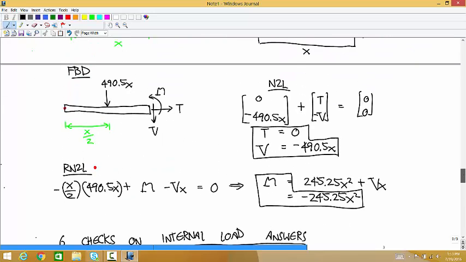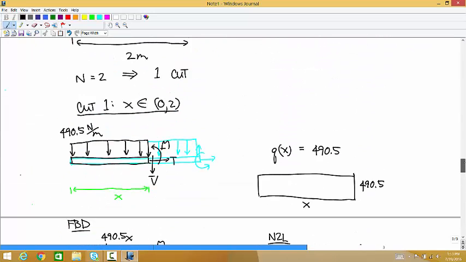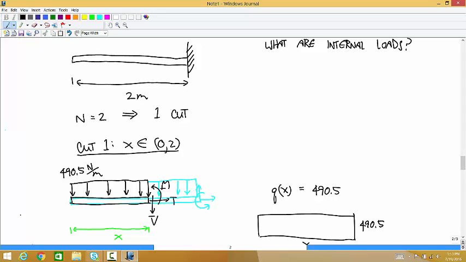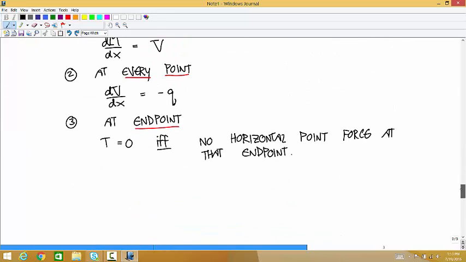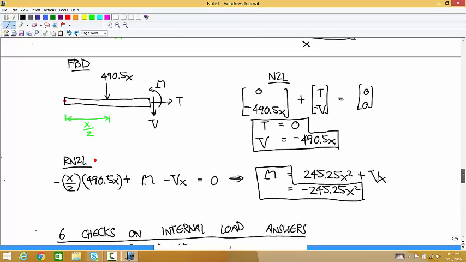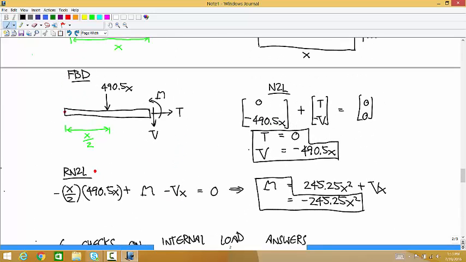So in the example we just did, are there any horizontal point forces acting at the left endpoint? No, there's a distributed load, but a distributed load is not a point force. So that says that the internal tension needs to be equal to 0 at the left endpoint. So go to t, and actually t is equal to 0 over the whole thing. So that one checks out.